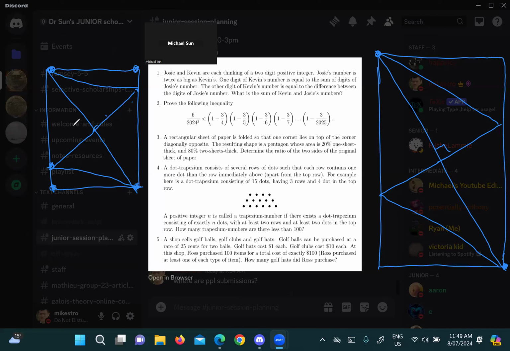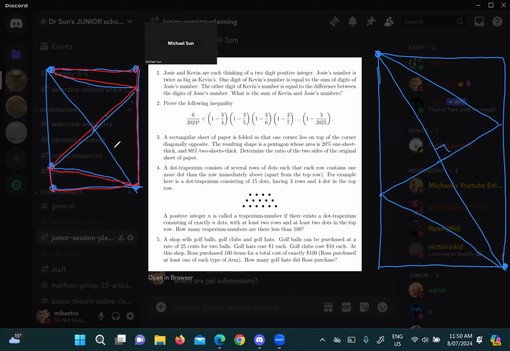So you got what we got so far, right? We got that this is the area of the pentagon. Yeah, I figured out that part, but I didn't figure out how to find the rest of the stuff. I know. And we know that these are 20% of the pentagon, and this is 80%.